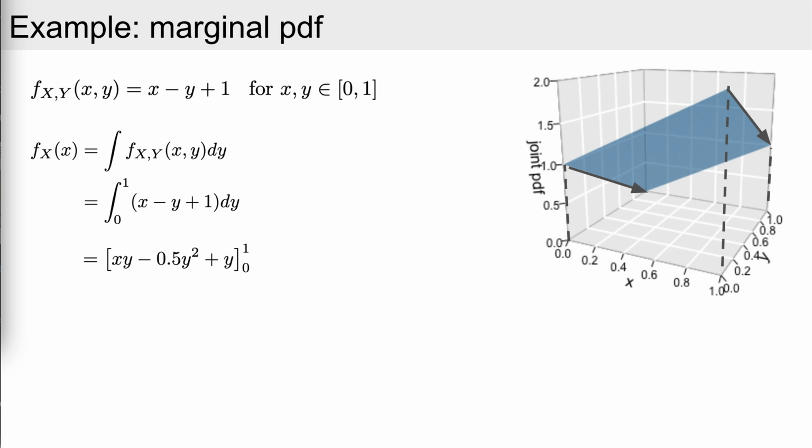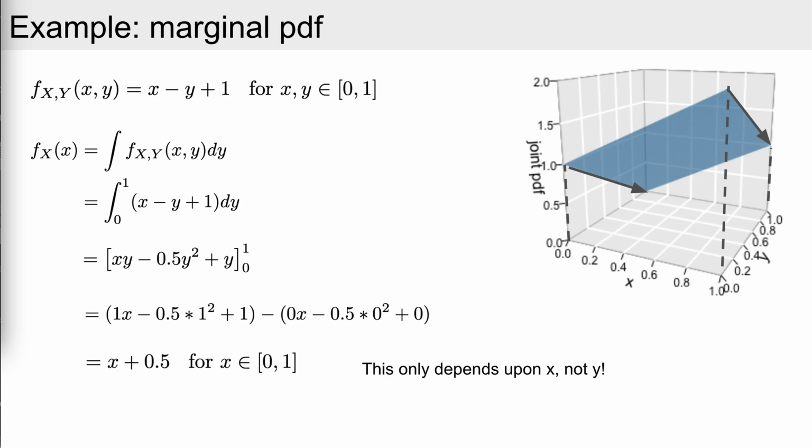Thus the integral is xy minus 1/2 y squared plus y, evaluated for y from 0 to 1. We then plug in 1 for y and subtract what we get when we plug in 0 for y. We've thus shown that the marginal PDF of x is x plus 0.5 for x from 0 to 1.